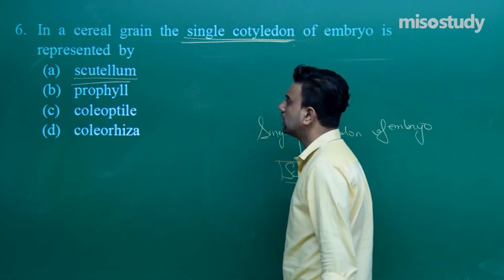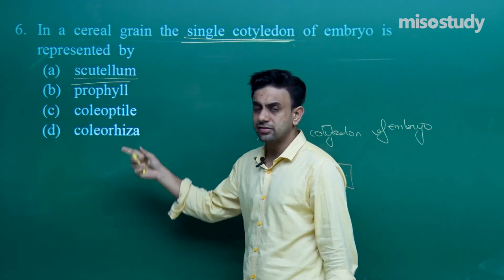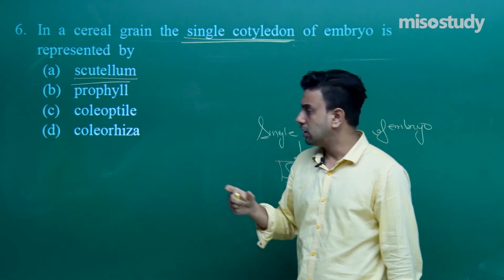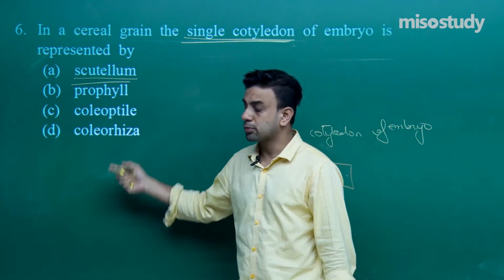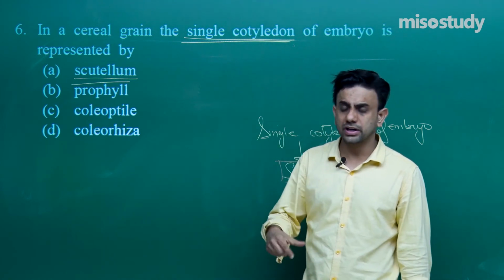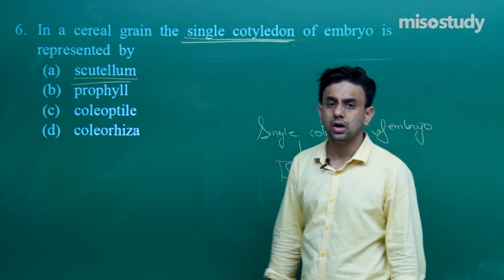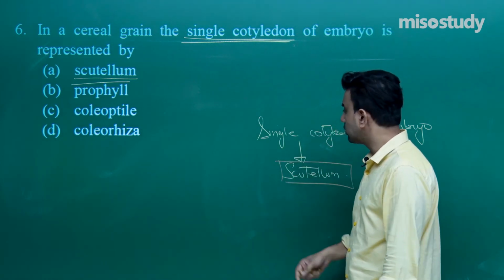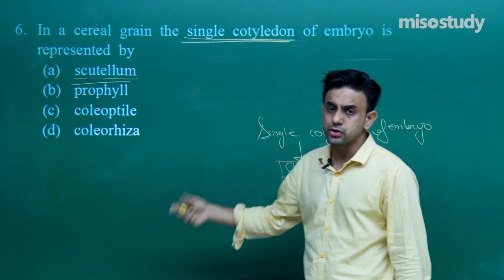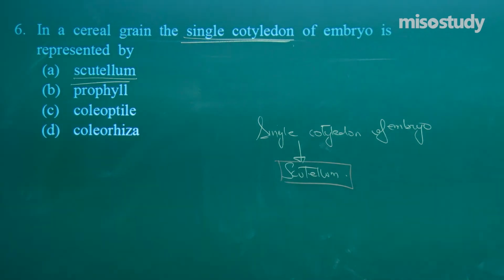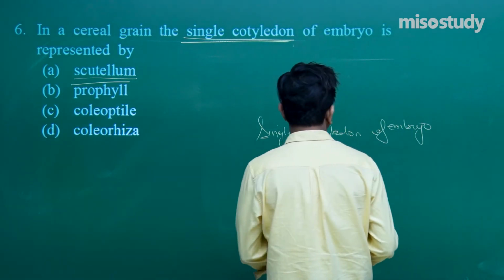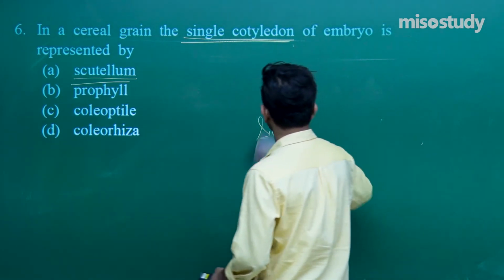Also, we will see that the coleoptile is the part that covers the plumule, and this is the protective part. Coleorhiza is the protective part of the radicle. So, friends, we will just continue after a short break from the next question.